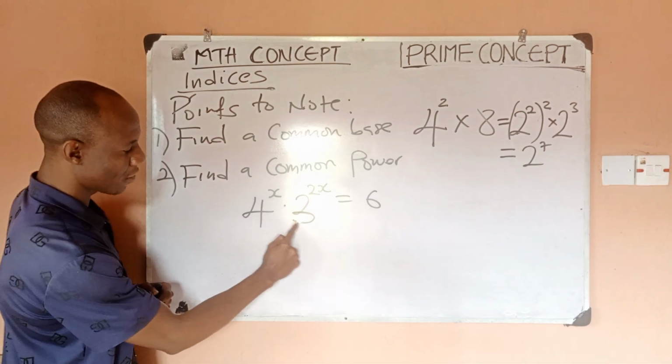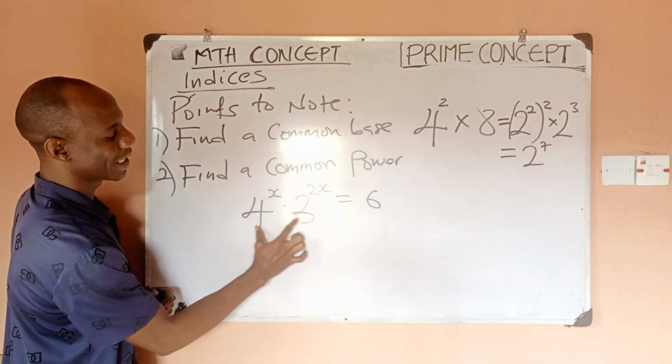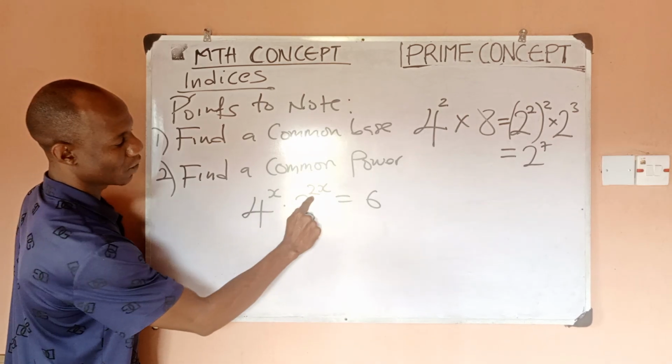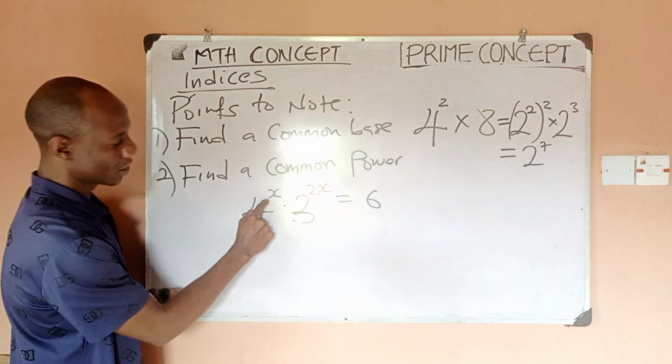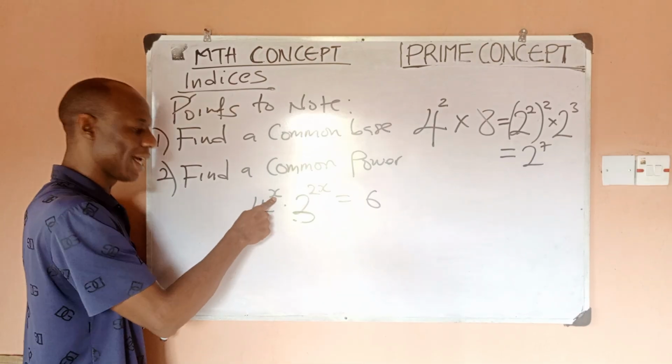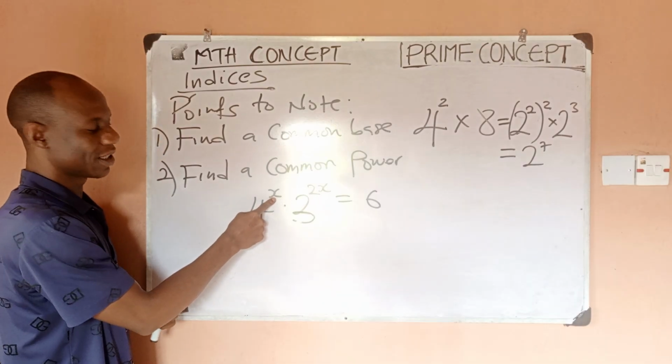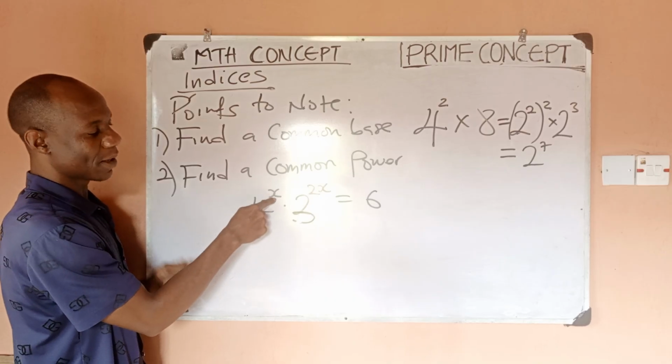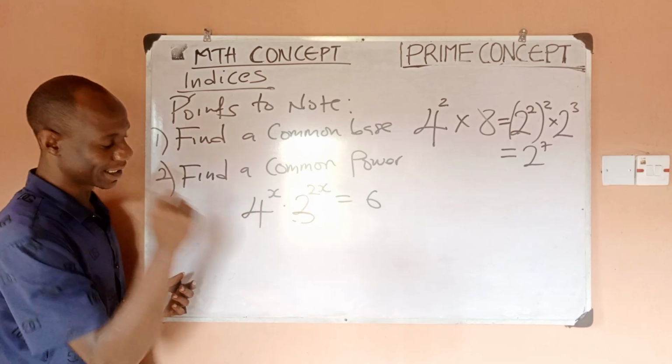Seeing that 4 and 3, no matter what you do, can't be the same, I look at the power. The power here is 2x, while my power here is x. Is it possible to make this power x? That is the next thing you want to think of. Of course, to make this power 2x. Is it possible? Yes.